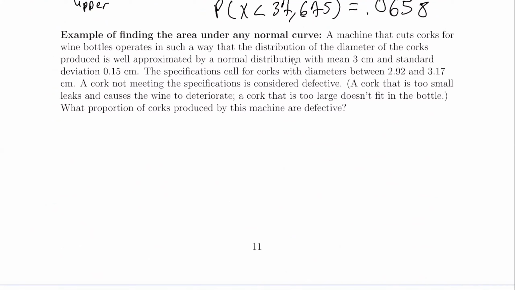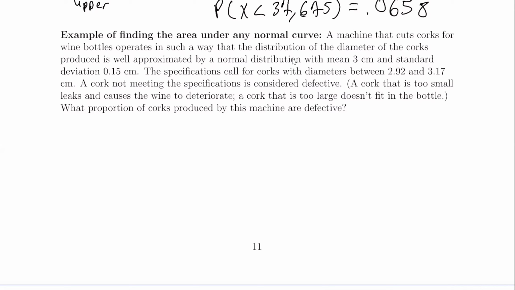The specification calls for cork with a diameter between 2.92 and 3.17 centimeters. A cork not meeting these specifications is considered defective. A cork that is too small leaks and causes the wine to deteriorate. A cork that is too large doesn't fit in the bottle. What proportion of cork produced by the machine are defective?